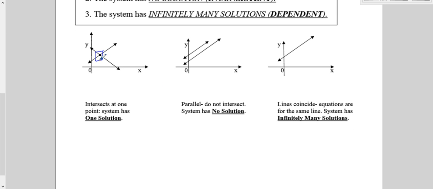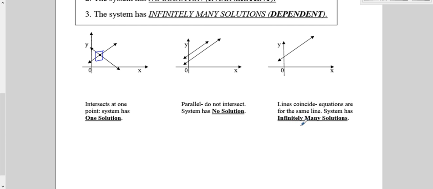Okay? So if you graph the two equations and they intersect, that is one solution. If they are parallel, that would be no solutions. If they overlap, that would be infinitely many solutions.